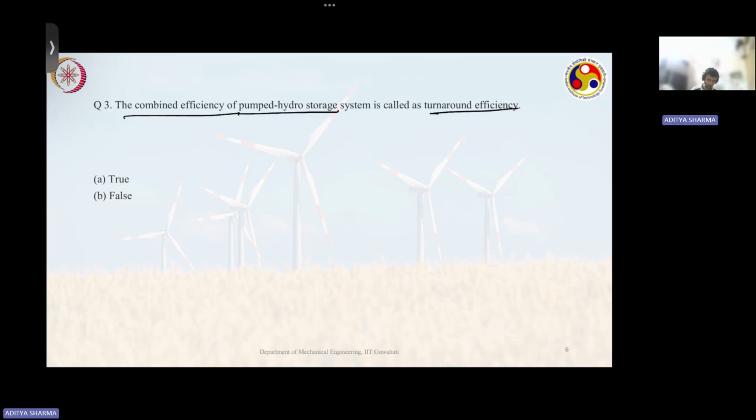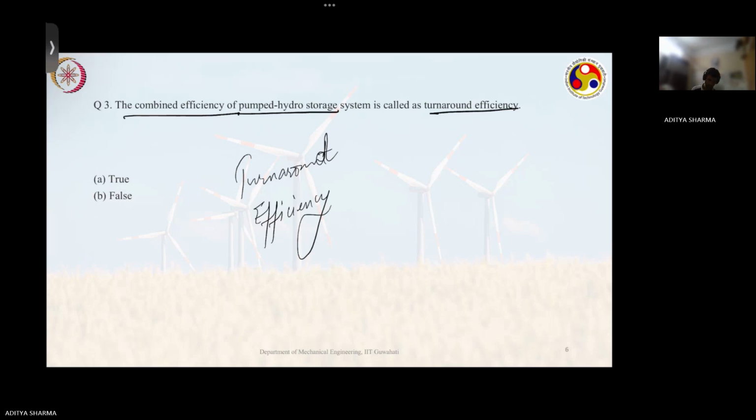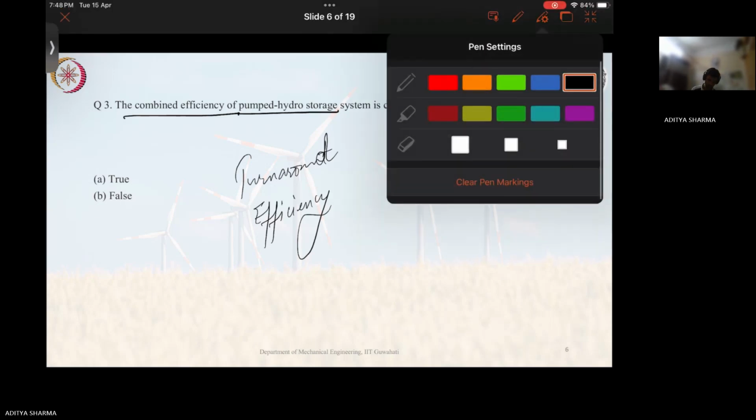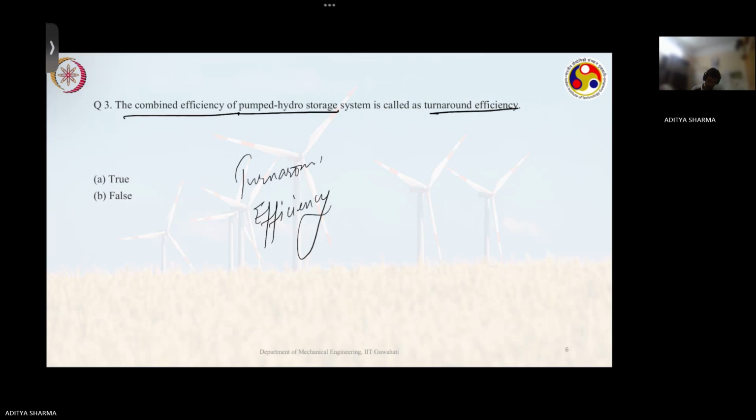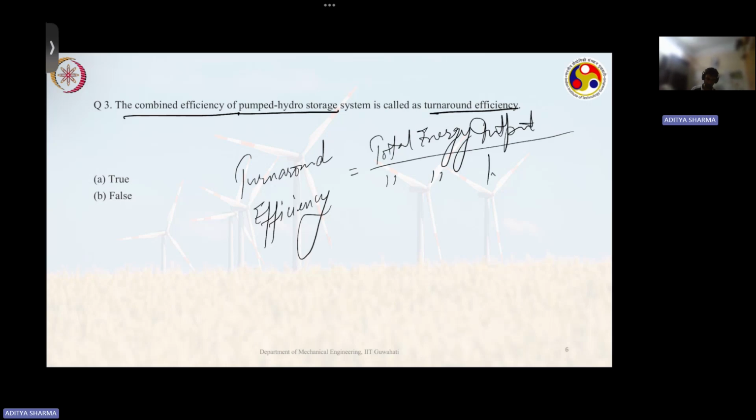Turnaround efficiency is your total energy output to your total energy input.